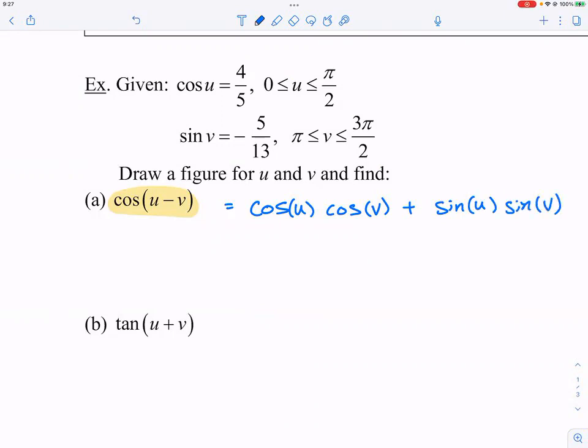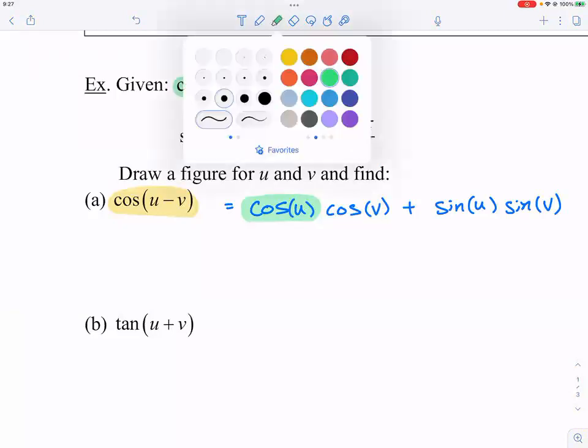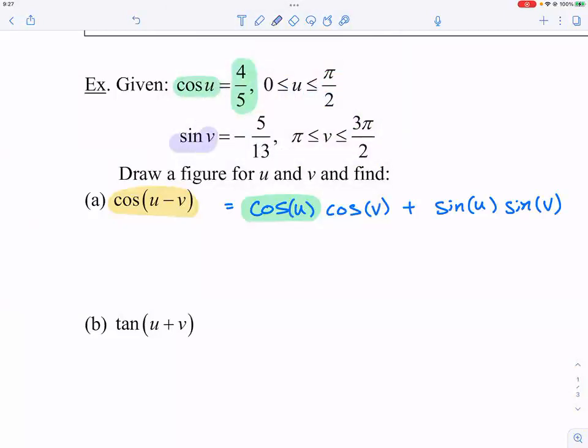So we got that. Well, what are those values? You have something given. We say, hey, guys, cosine u is 4/5, and sine v is negative 5/13.